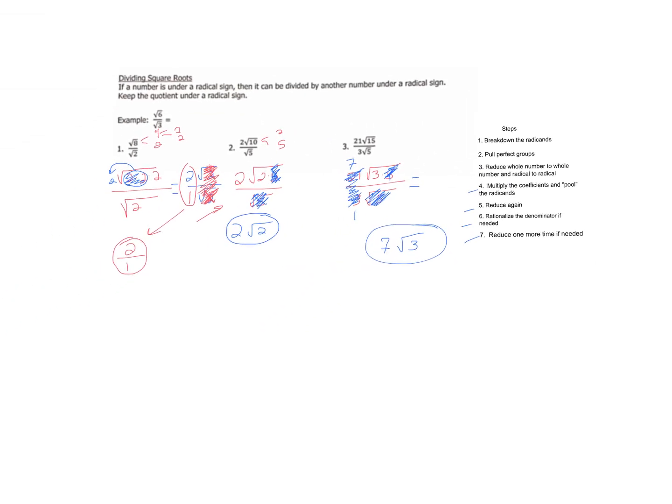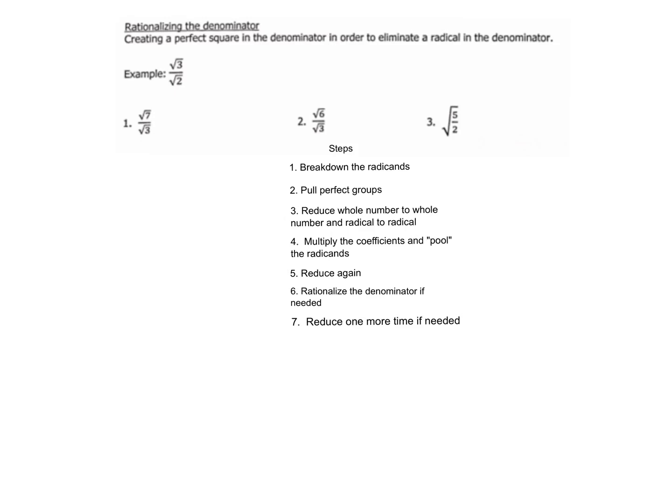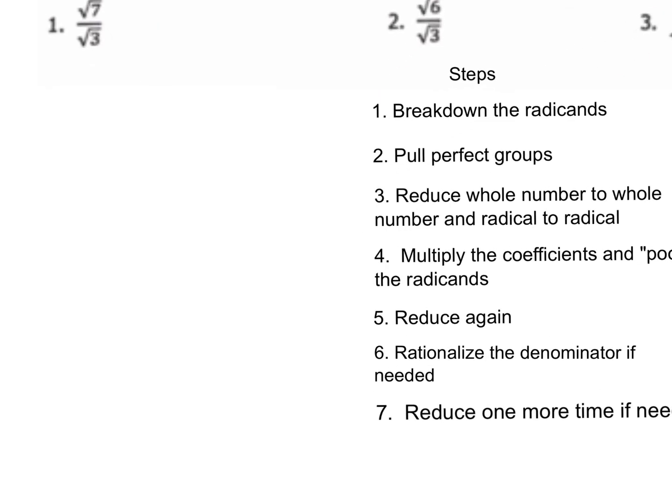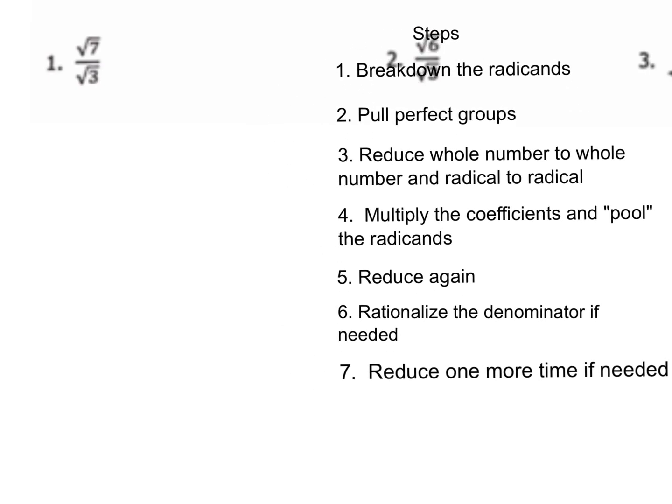Okay. Alright. Now, here's where it gets more interesting. Now, those other ones, we didn't have to do very much in terms of rationalizing or anything like that. But here we will have to. Okay, so let me set ourselves up, and I'll show you what I mean. Alright, so here we go. Step number 1, break down the radical. Rad 7's got nothing.